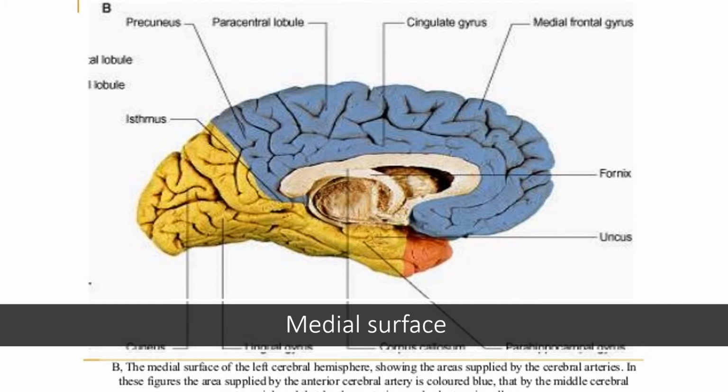The temporal pole of the temporal lobe is supplied by the middle cerebral artery, whereas the occipital lobe is supplied by the posterior cerebral artery. The area supplied by the occipital lobe includes the visual cortex.